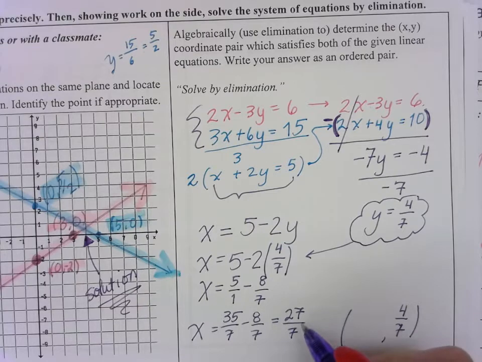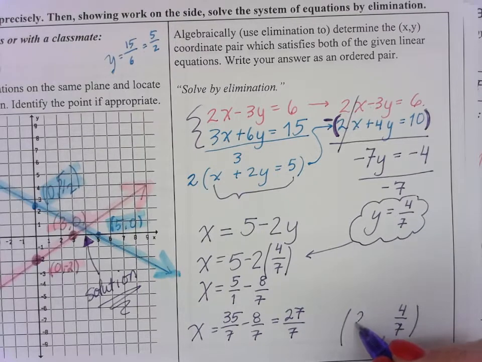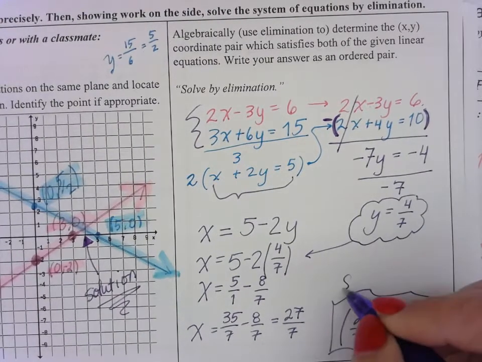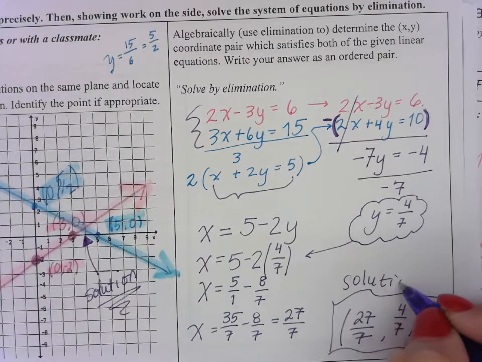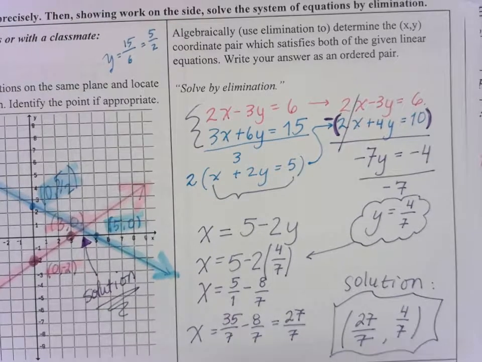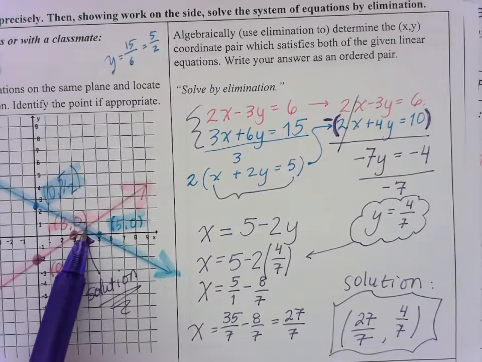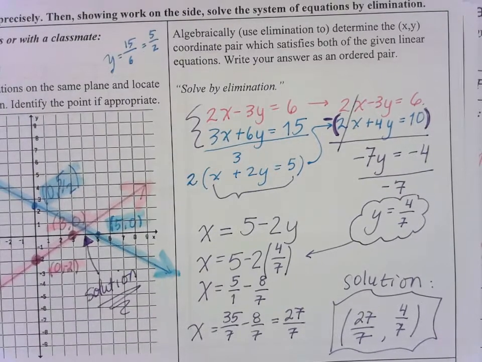And that's a little bit less than 4 because 28 over 7 is exactly 4. So 27 over 7, and that right here is your solution, your answer, your main goal of this problem. If you look over here, it does look about right. It's about 4 over and about a half up, and that's approximately what those are equal to.